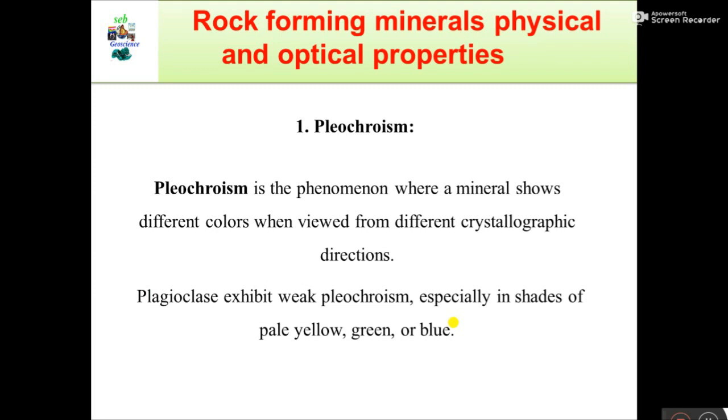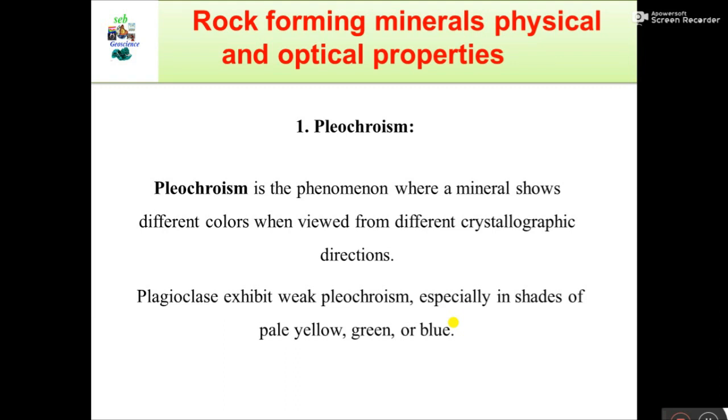This is pleochroism. Pleochroism is the phenomenon where minerals show different colors when viewed from different crystallographic directions. It means changing color when rotating the microscope stage in plane polarized light. If the mineral shows changing color, we call that pleochroism. Plagioclase exhibits weak pleochroism, especially in shades of pale yellow, green, or blue.